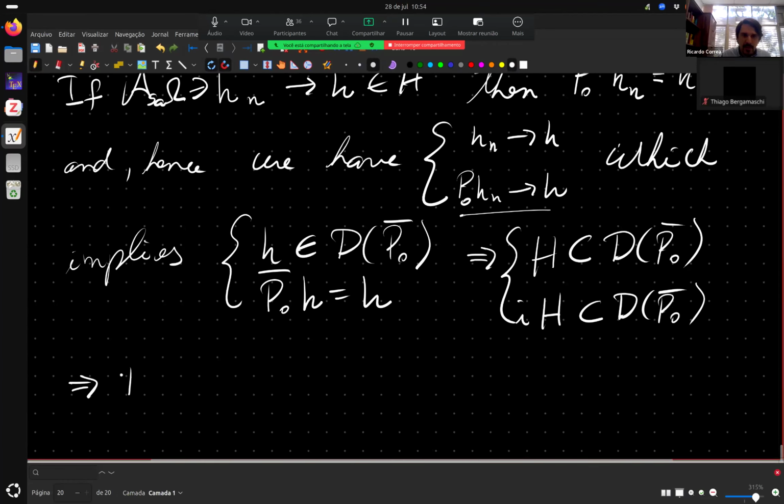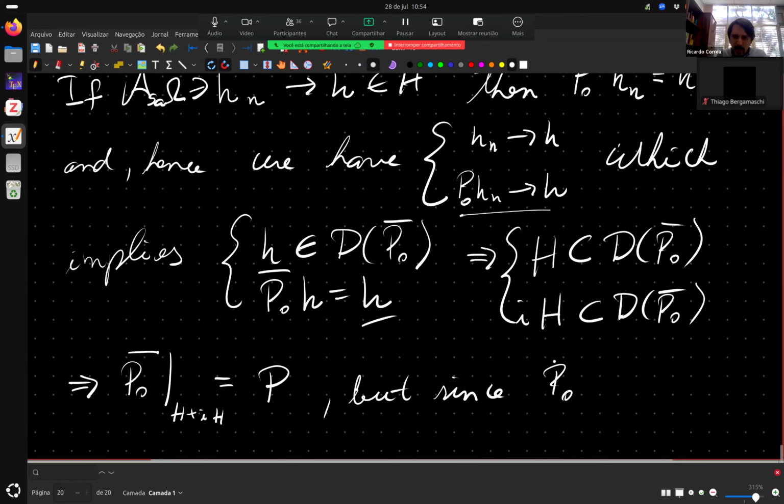And that implies that P0 bar has to be defined on H plus IH, and in that situation, it coincides with P, because it takes the vector and cuts the first projection. Since the closure is the smallest closed extension, they are the same.